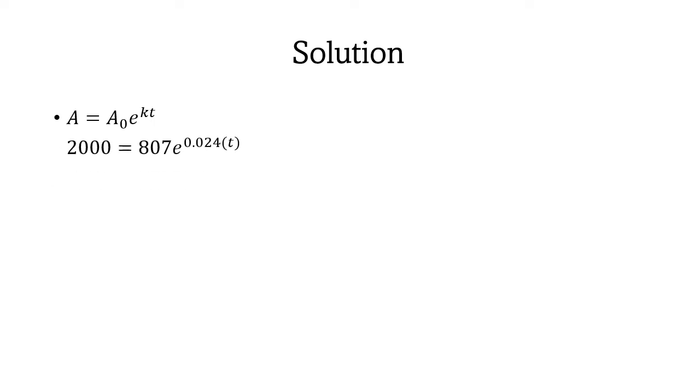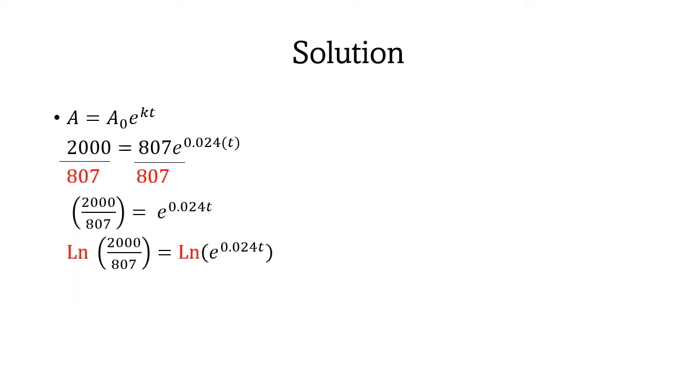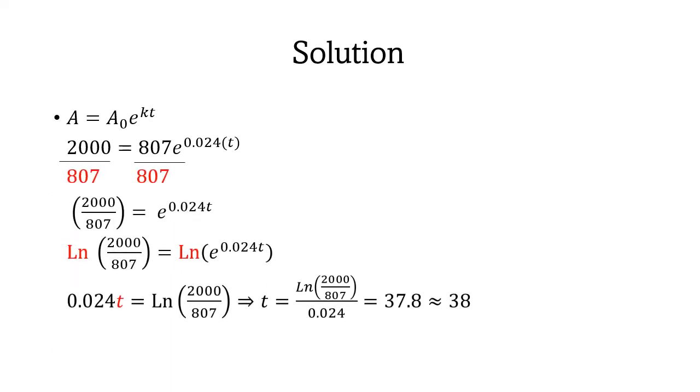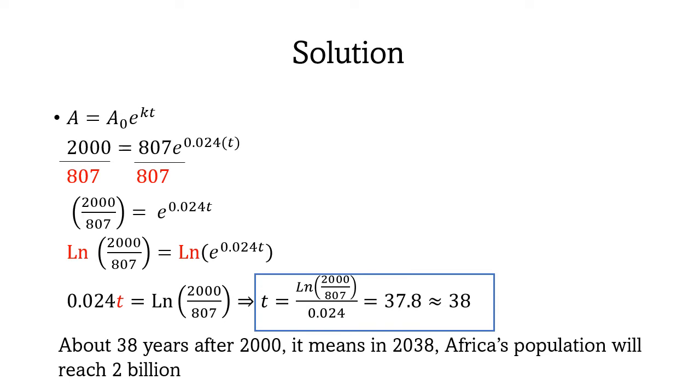So the future population now is 2000. Now the time is 38 years, therefore about 38 years after 2000, it means in 2038 Africa's population will reach 2 billion, or 2000 million.